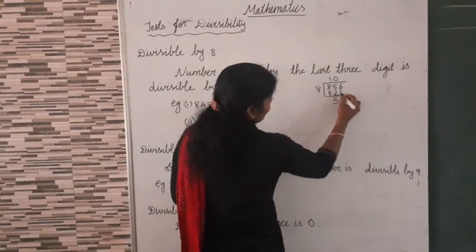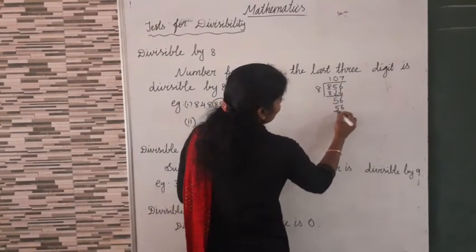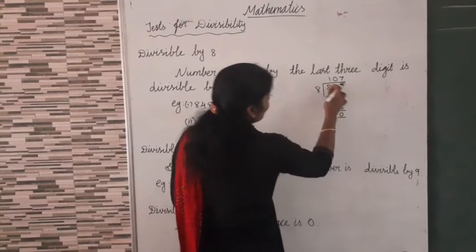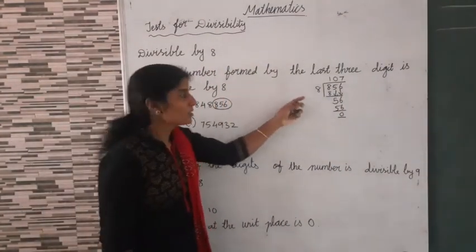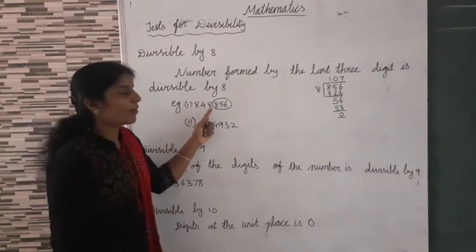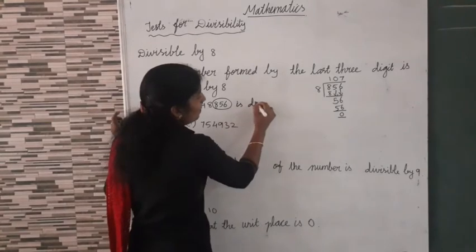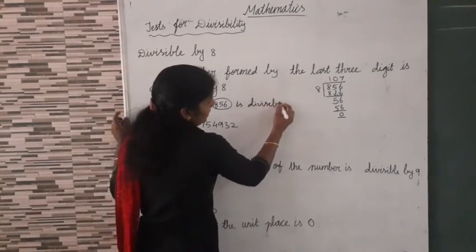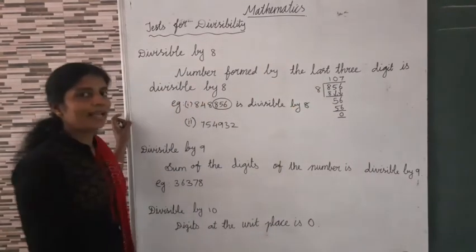Then 6, 56. 7 8s are 56. Remainder 0. So this 856 is divisible by 8. So we can say 8,48,856 is divisible by 8. Okay, divisible by 8. Clear?